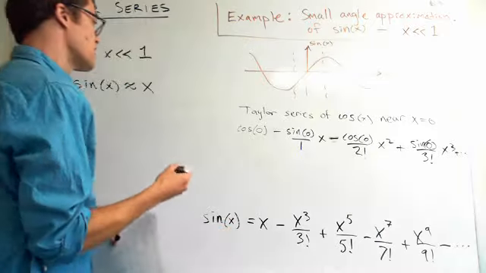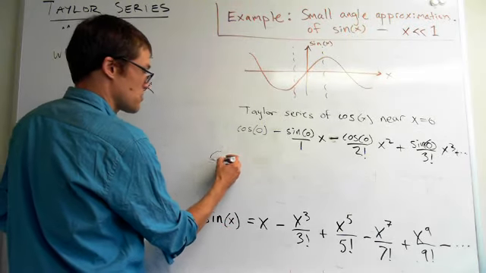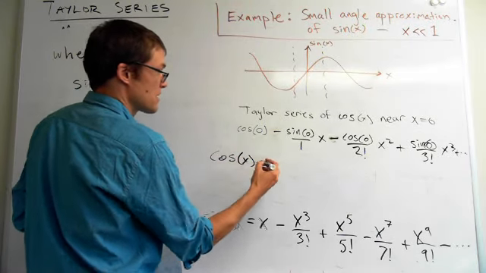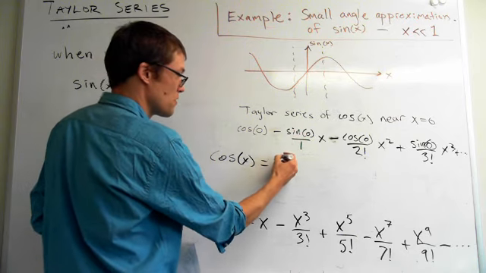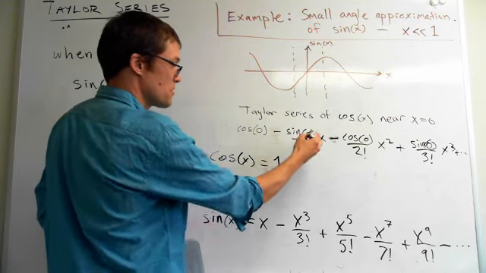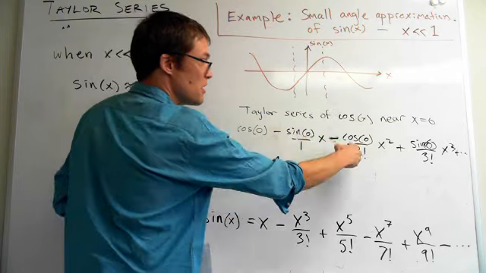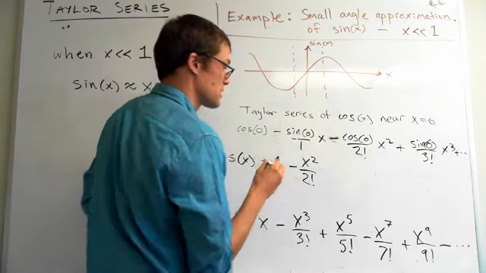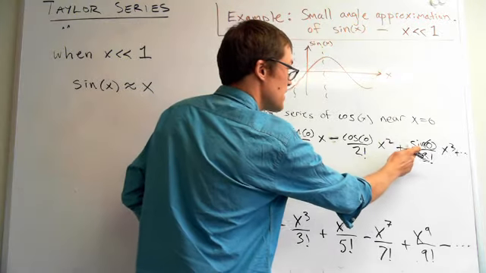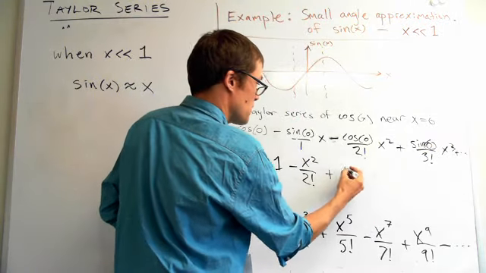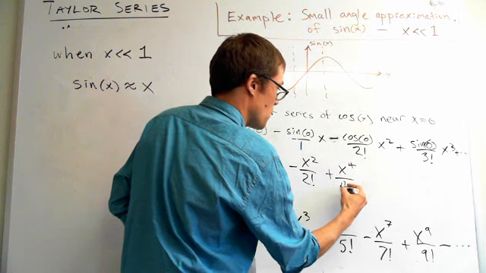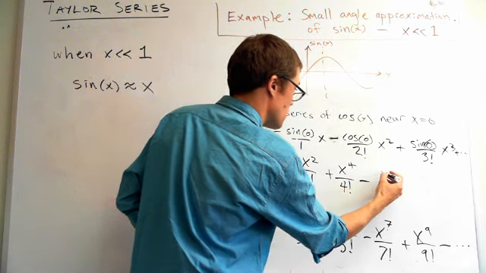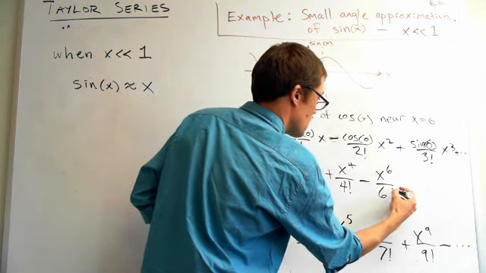And so what this turns out to be, so cosine of x equals, this term is 1, cosine of 0 is 1, this term is dead, it's 0, this term is minus x squared over 2 factorial, the next term is dead, next term is going to be a positive x to the 4th over 4 factorial, and so on.